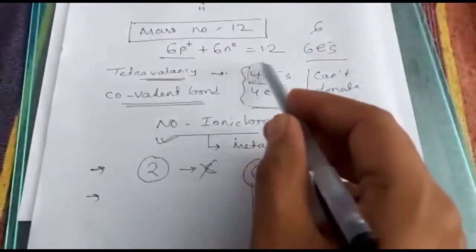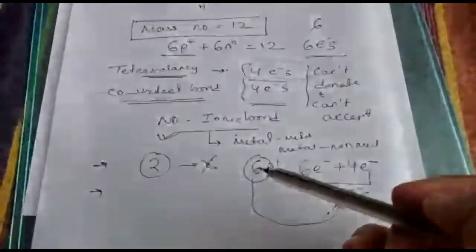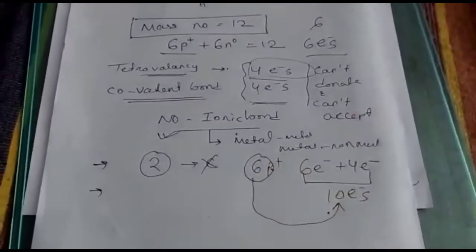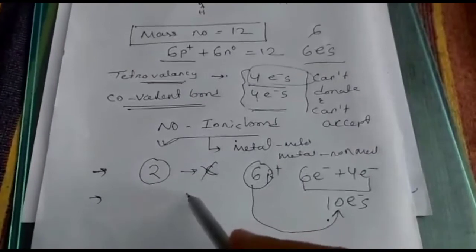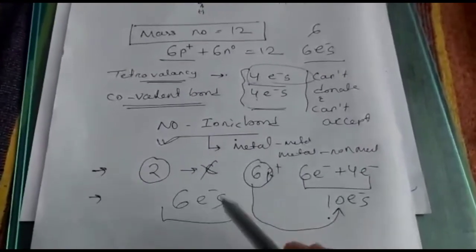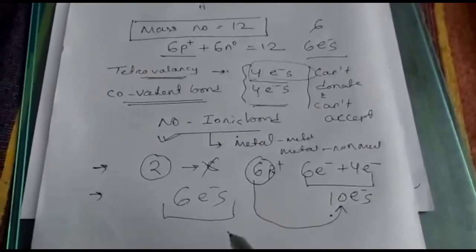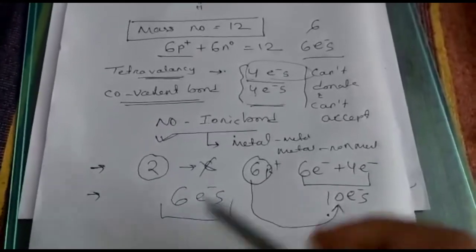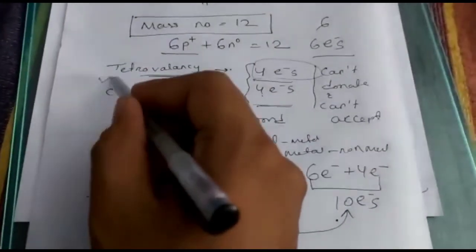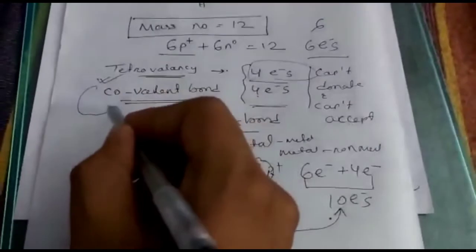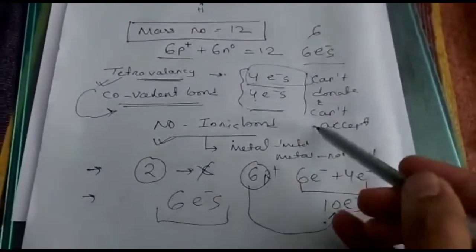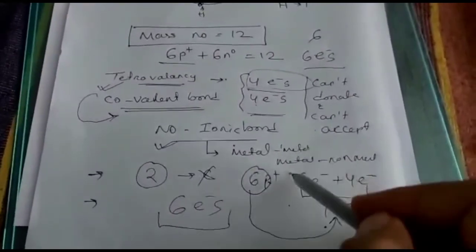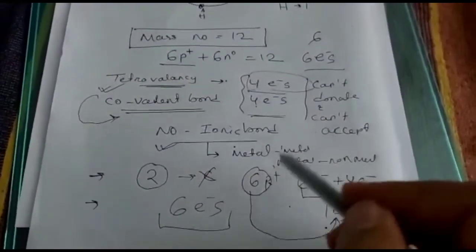And donating 4 electrons is another problem. To donate 4 electrons, it requires more energy, and it has only 6 electrons, so it does not have enough energy to donate 4 electrons. This is the reason behind tetravalency and the formation of covalent bonds. It cannot donate 4 electrons, it cannot accept 4 electrons. Only sharing and pairing of electrons can take place.